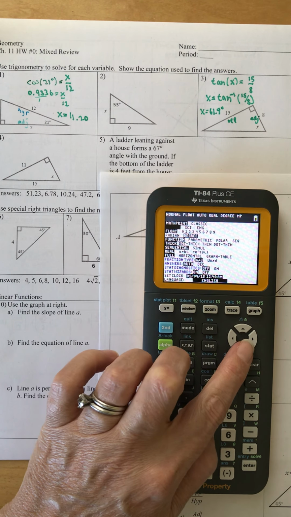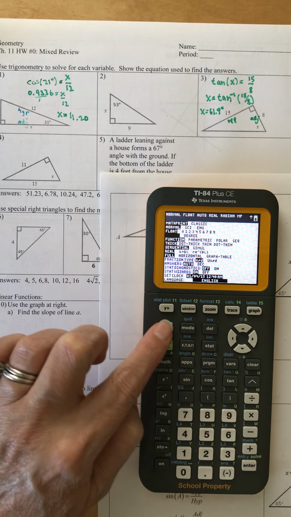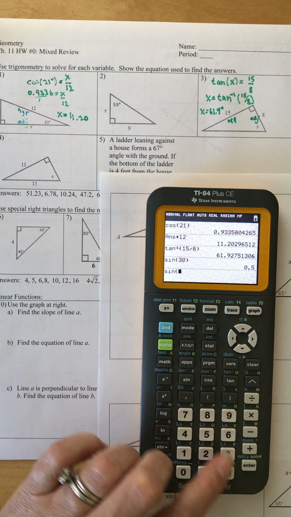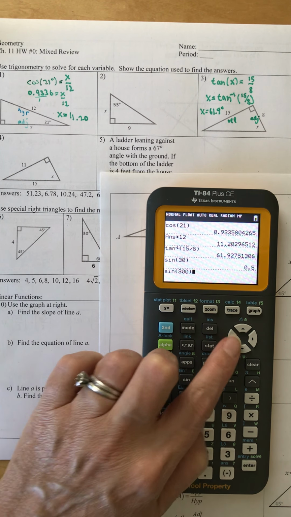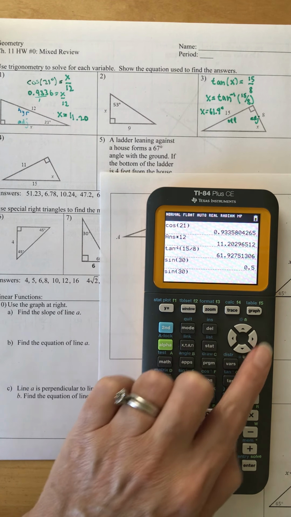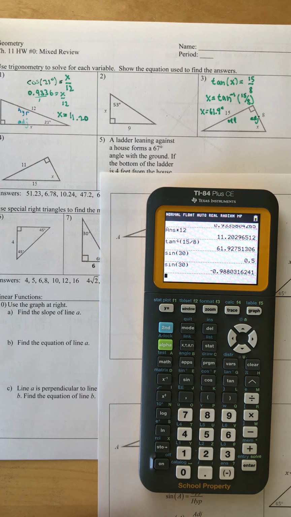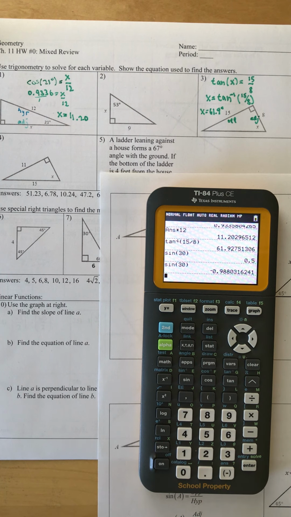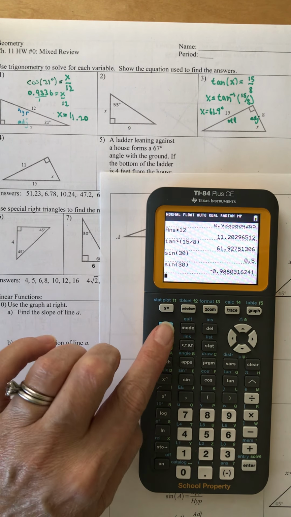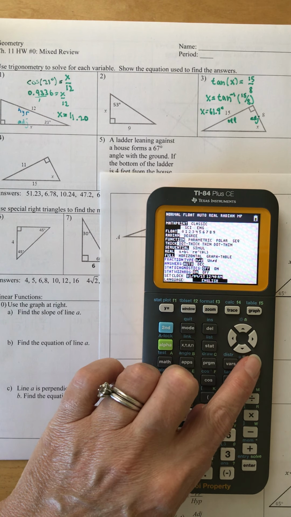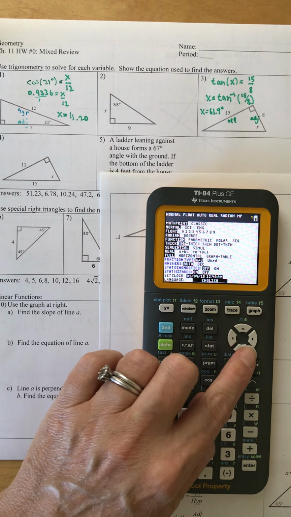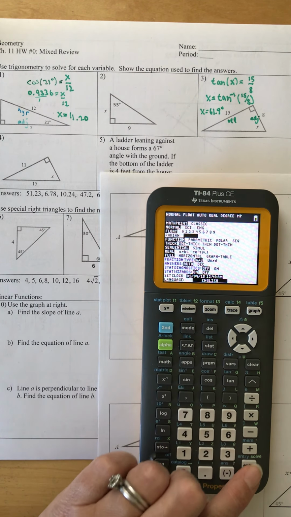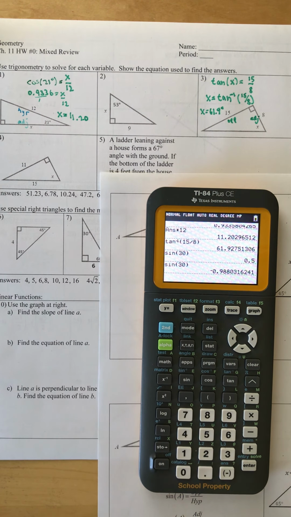If you're in the wrong mode and you press the sine of 30 degrees, you won't get 1/2. If you get this number, then you're in what's called radian mode, and you need to figure out how to change it back to degree mode. The way that they're changed varies a lot depending on what calculator you have, so you just got to watch out for that.